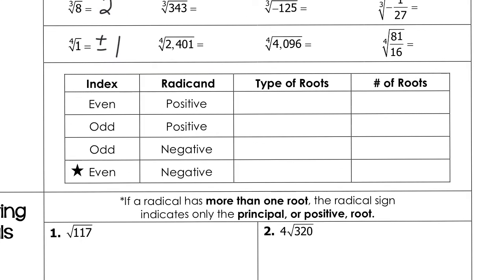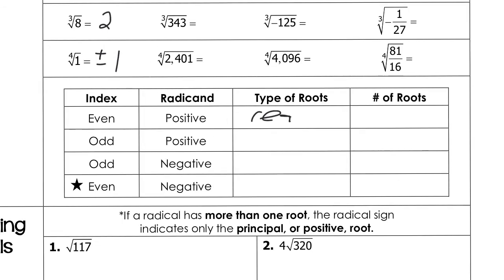Okay, I want to fill out this chart completely for you, and then I'm going to let you work on the rest by yourself. If the index is even and the radicand is positive, you're going to have real roots, and you will have 2 roots. Okay, one will be positive and one will be negative.